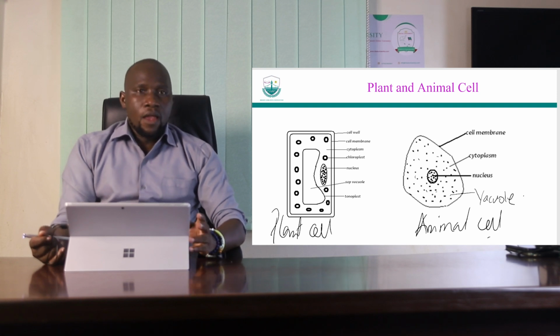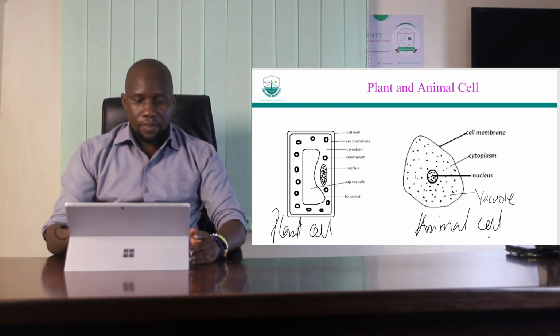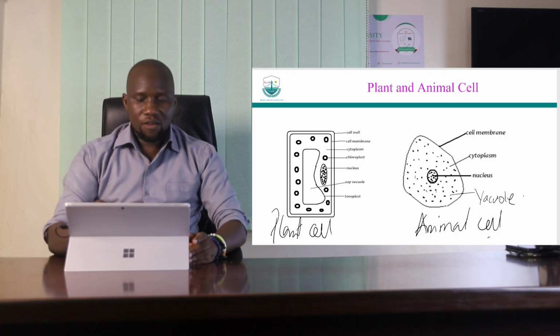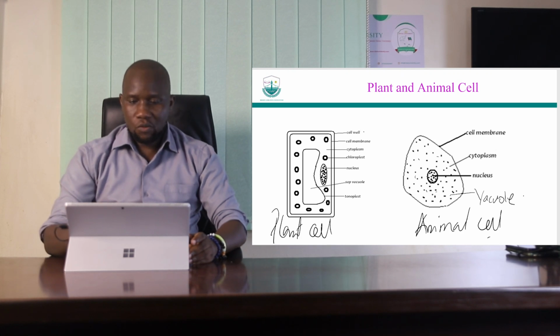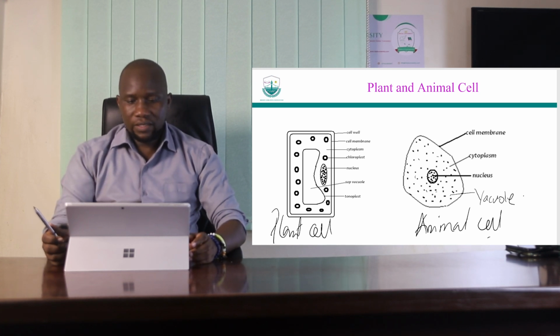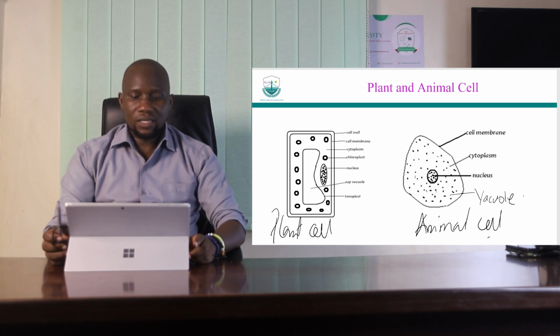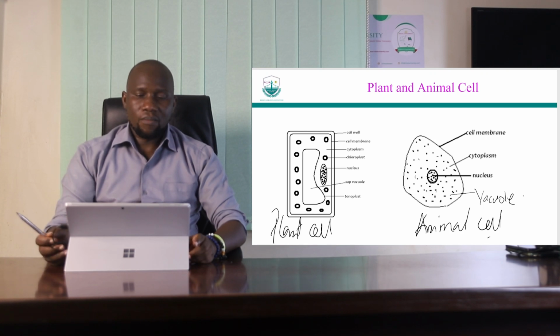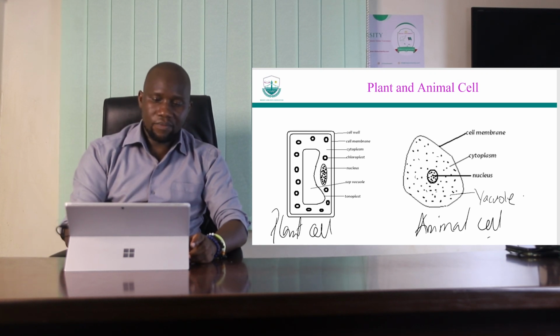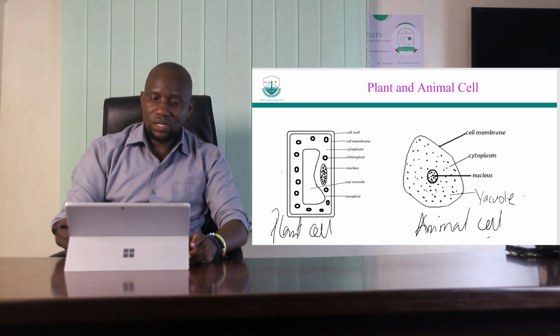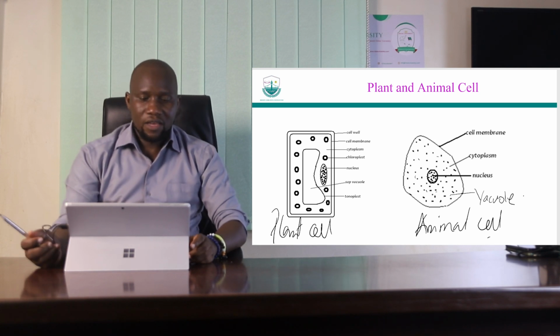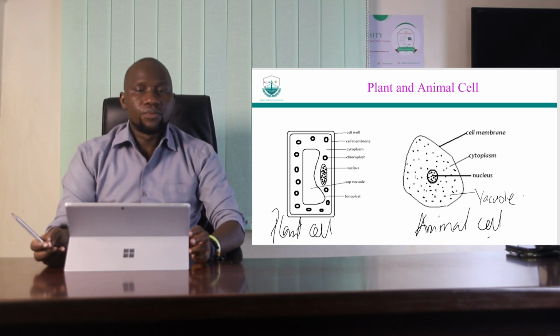And then when we come to the plant cell, we have the cell wall, which is not here: the cell wall, the cell membrane, cytoplasm, chloroplast, nucleus, the sap vacuole, and the tonoplast. Those are the parts that you find in the plant cell. You can see that this one has a particular shape, while this one does not really have a definite shape.